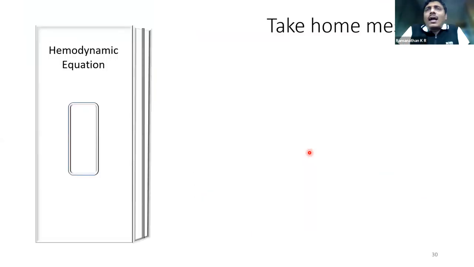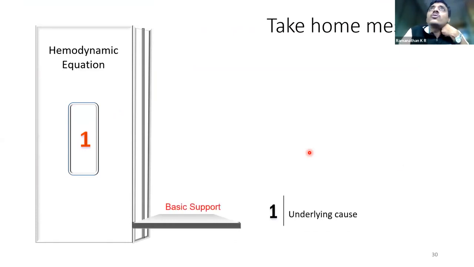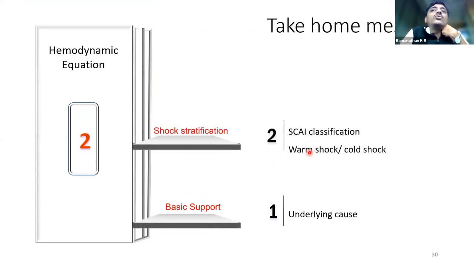So on the whole, I have covered a few basic aspects of the management of cardiogenic shock pertaining to where inotropes would be useful, where escalation of care to more than inotropes, say to mechanical cardiac support, would be needed, and at what stage you would do that. While you do that, how you stratify shock and take a decision on how you move forward.